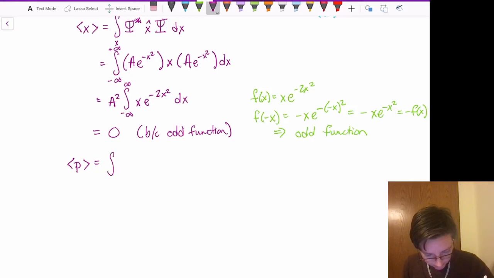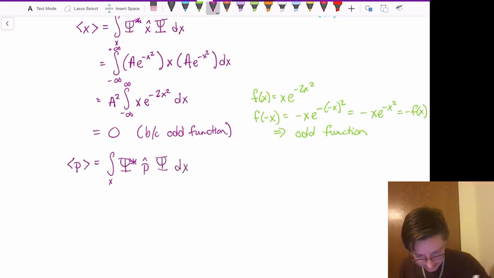Just like before, we're going to do an integral over all space of the complex conjugate of our wave function times the p operator times the wave function dx. Let's go ahead and substitute in both our integration bounds as well as our values of the wave function.